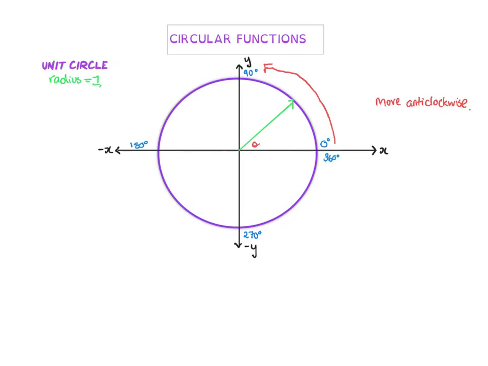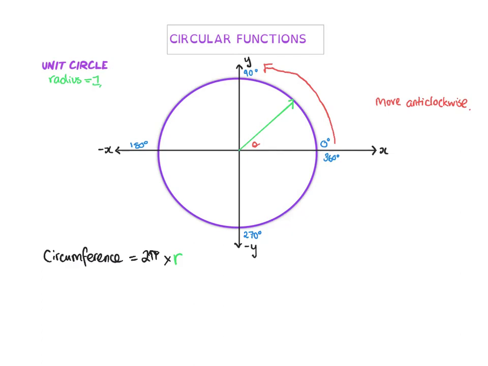Okay, so when we're doing circular functions, however, we are going to talk about radians instead of degrees. So if we think about the circumference of a circle, the formula is 2 pi times r.